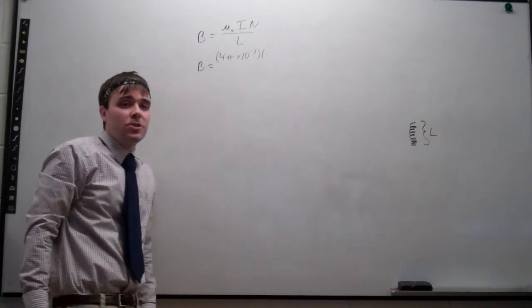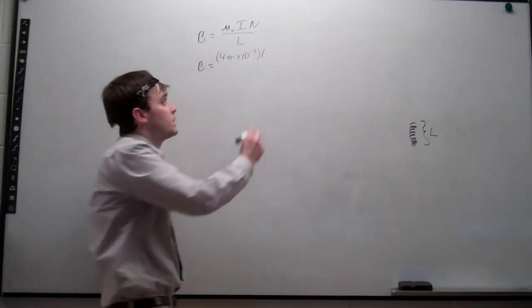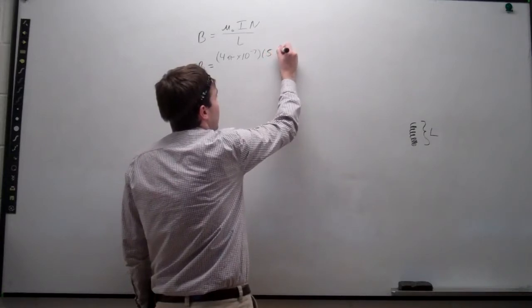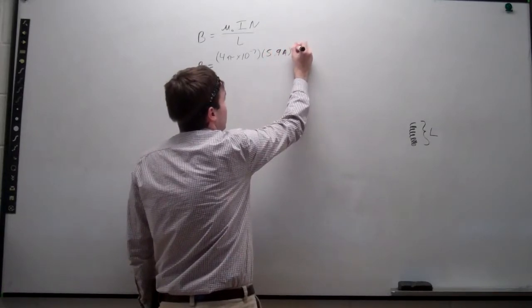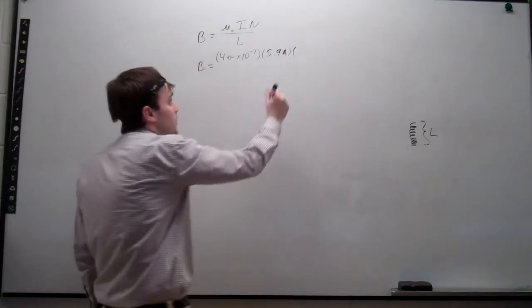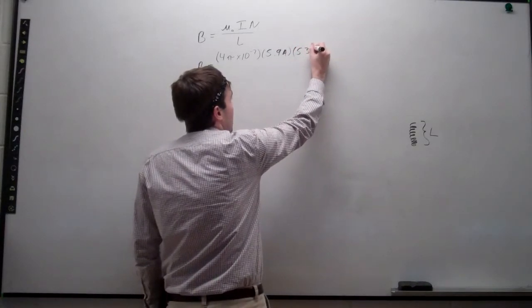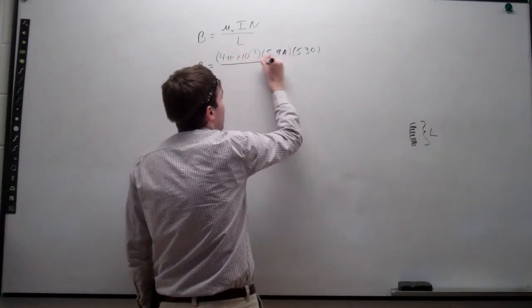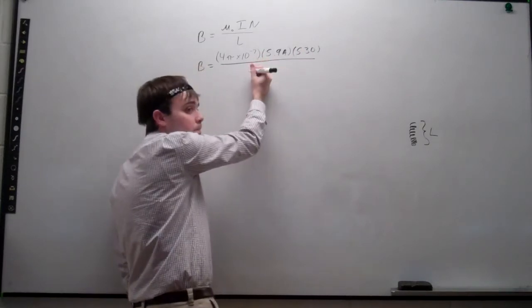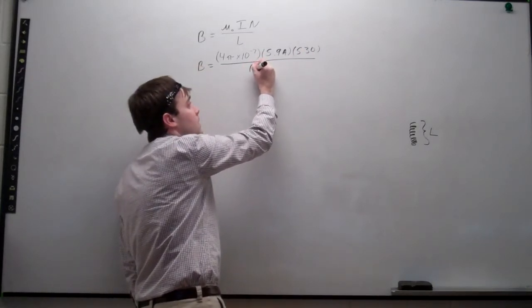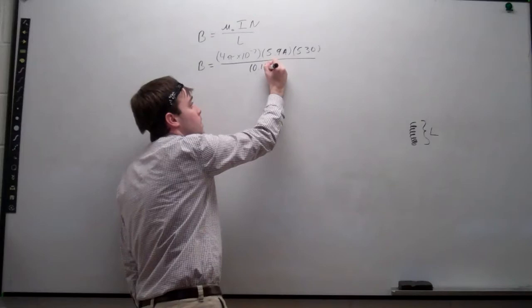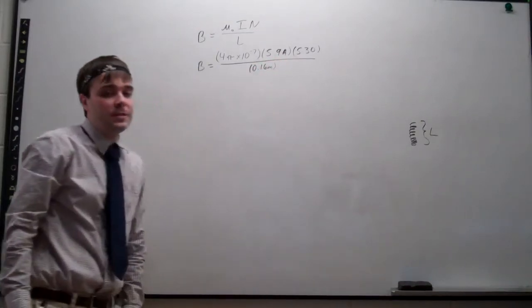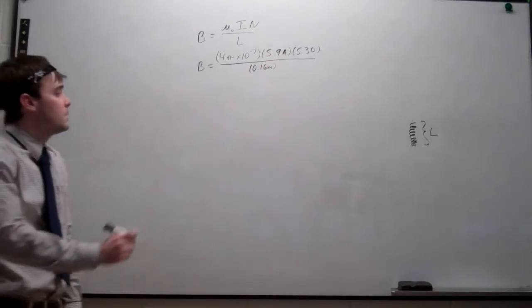What is the current? 5.9 amps. How many turns are there in the wire? 530. And what's the length of the solenoid? 0.016 meters. Remember, you gotta convert the 16 centimeters to meters. So divide by 100.